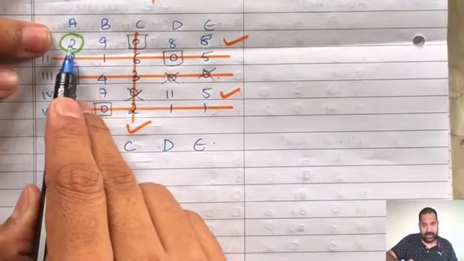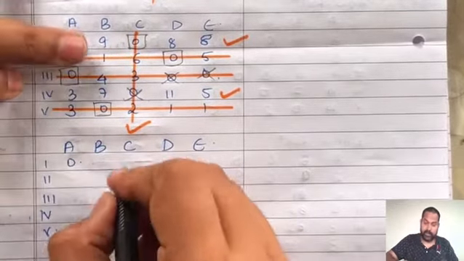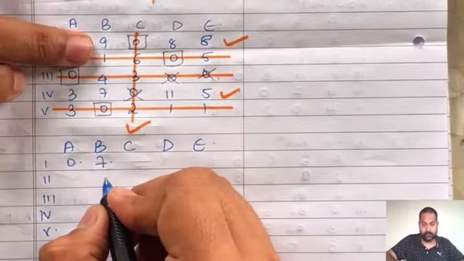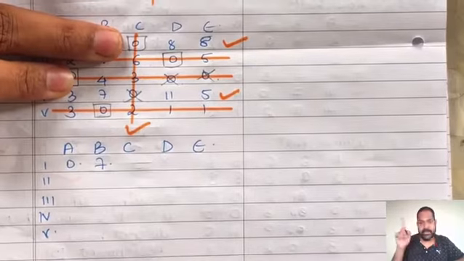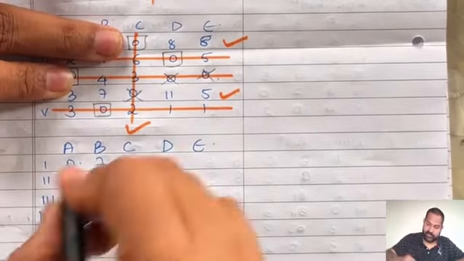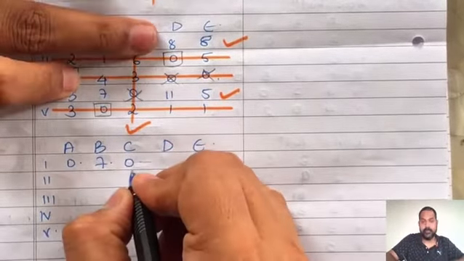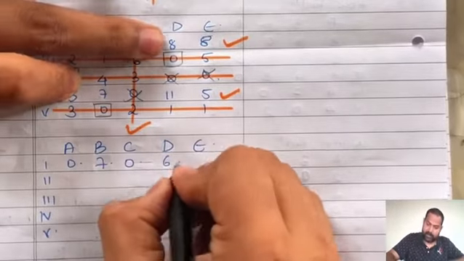2 uncovered minus 2 is 0. 9 minus 2 is 7. This 0 is single covered. Single covered have to be untouched. 0. Uncovered, subtract.